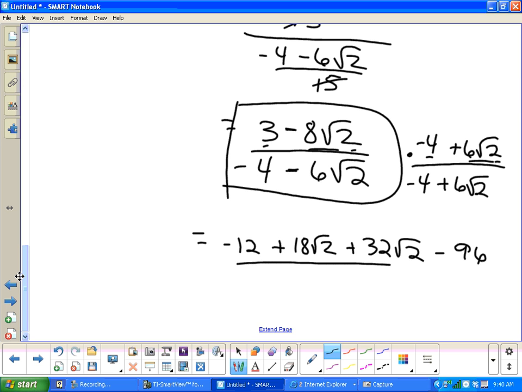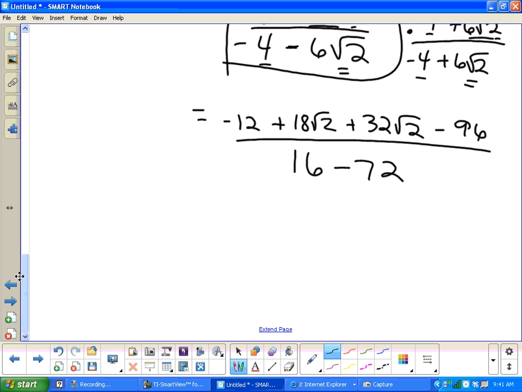Now, on the denominator, all we have to do is just first and last. Okay, so first is going to give me 16. Now, last is going to be negative. Now, think about it. 6 times 6 is 36 times 2, which would be 72. All right, let's clean this up.